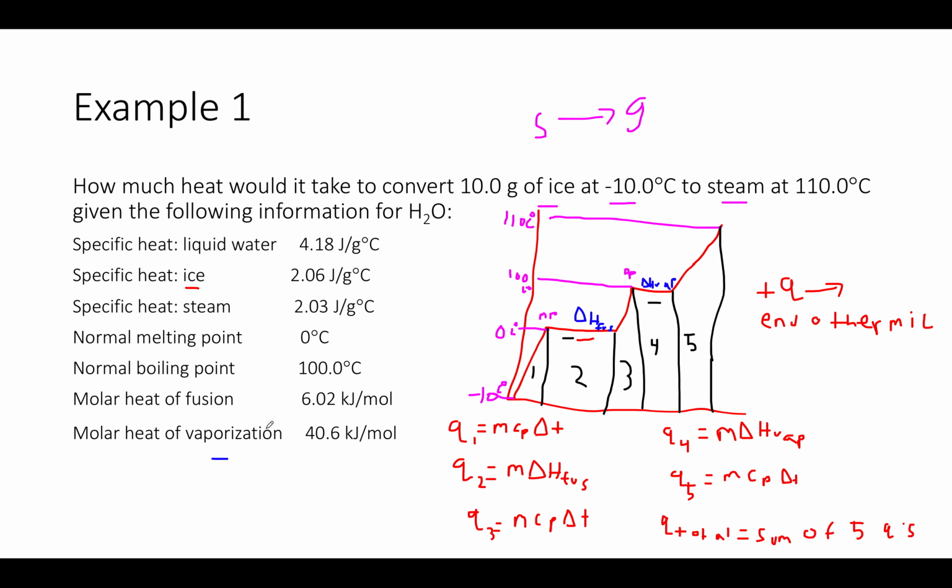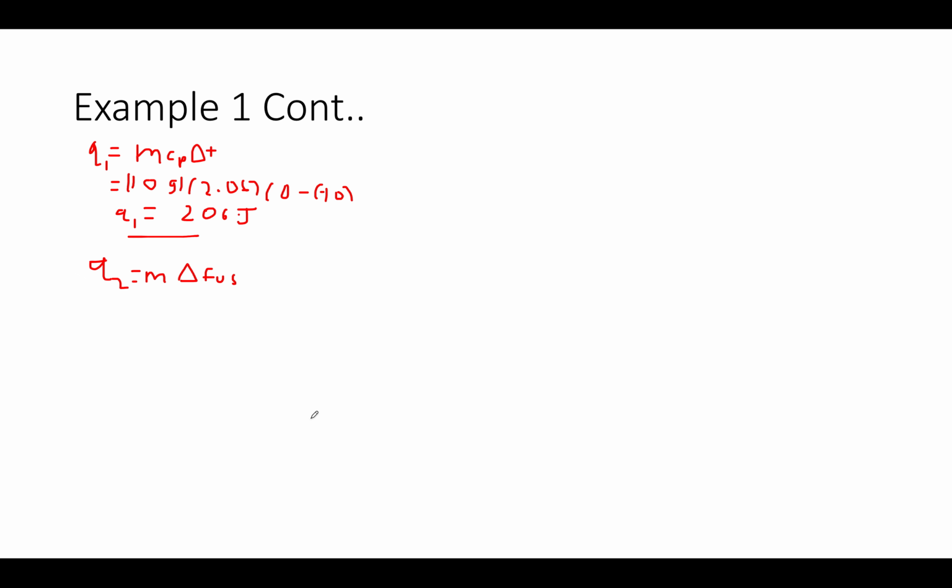Well, the heat of fusion right here is 6.02 kilojoules per mole. So a little alarm bell should be going off in your head here because we have a problem. We're given the heat of fusion in kilojoules, but our Q's are in joules. So we need to convert the molar heat of fusion into joules.